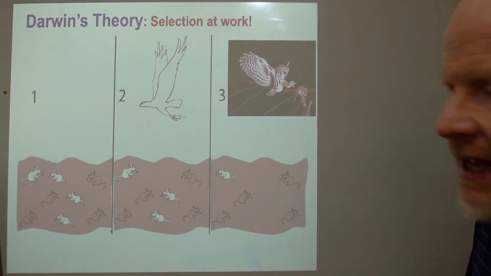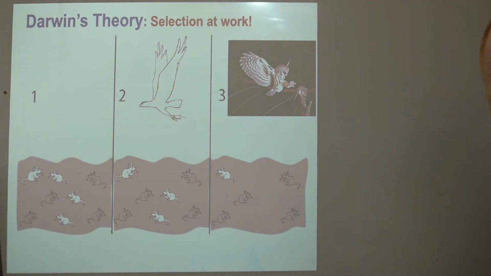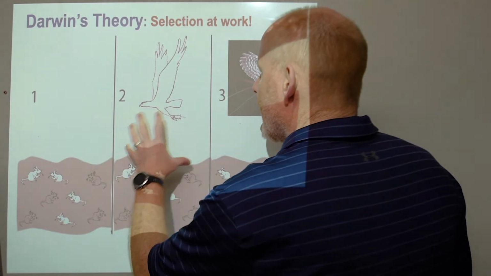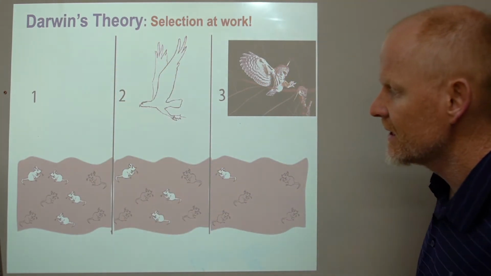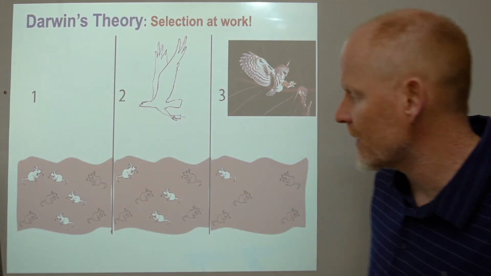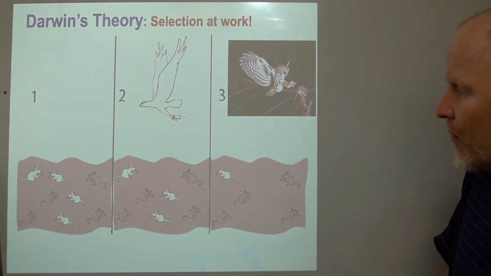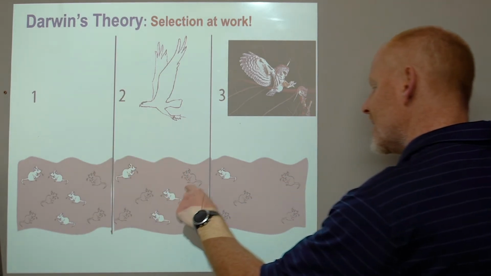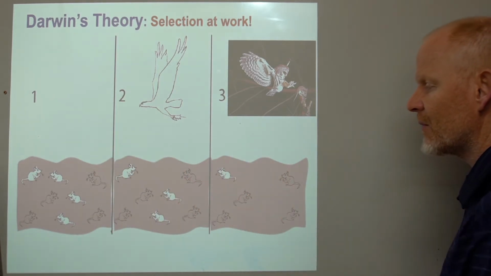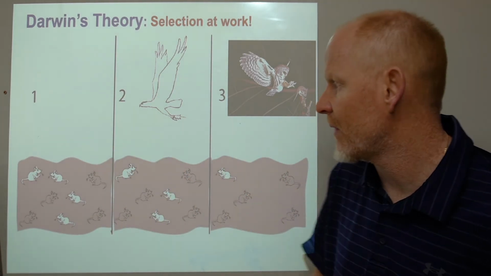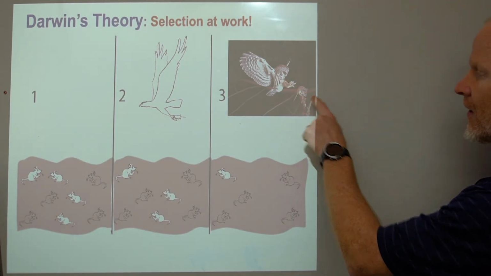And you've got lots of different pictures or diagrams that show this. So our selection pressure here are predators, right? And you've got different colored rodents. Obviously, the white ones stick out more than the brown ones, and over time, from generation to generation, you can see the brown ones are going to dominate, the white ones are going to be rare, right? Here's an owl coming down on a mouse.